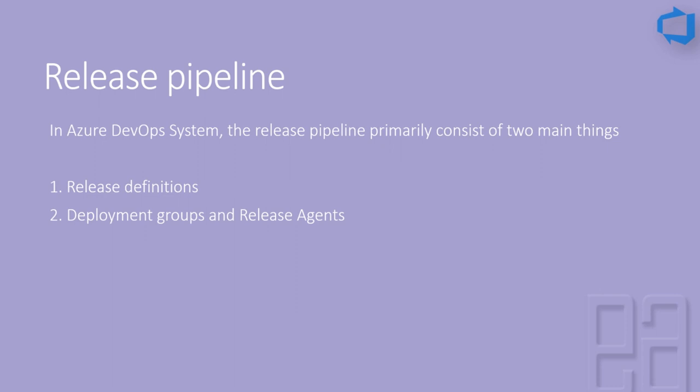And you can see that we already talked about the agents, which is nothing but the build agent, in our previous video. We created an agent pool, we deployed an agent, and we used that agent to run the build on our local machine. Here it is exactly the same concept, but this time we're going to have something like a deployment group and release agent. The deployment group is a separate concept.